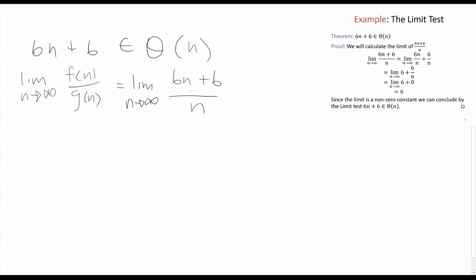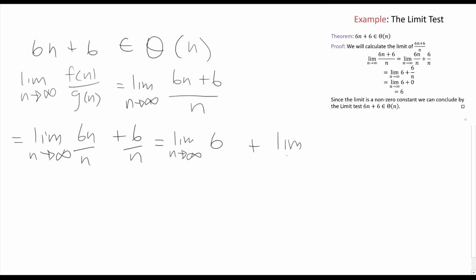Now remember, it's convenient for us to split this limit up. So 6n over n plus 6 over n. Here we can do some simplification to make it easy to see. This is the limit as n goes to infinity of just 6, the first term, plus the limit as n goes to infinity of 6 over n.